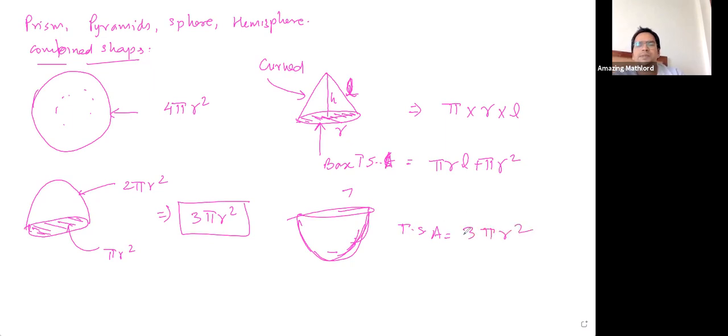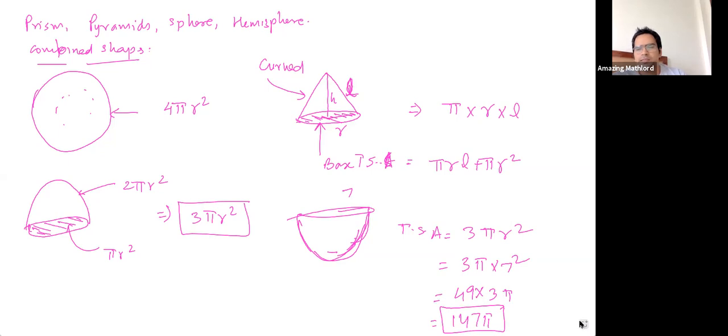Lots of times students make a mistake here. They write 2 pi r square. That's a complete blunder. 3 times pi times radius 7 square. So it'll be 49 times 3 pi. So this is going to be 147 pi. And of course, you got to write down the units properly. You got to write down the exact value sometimes.